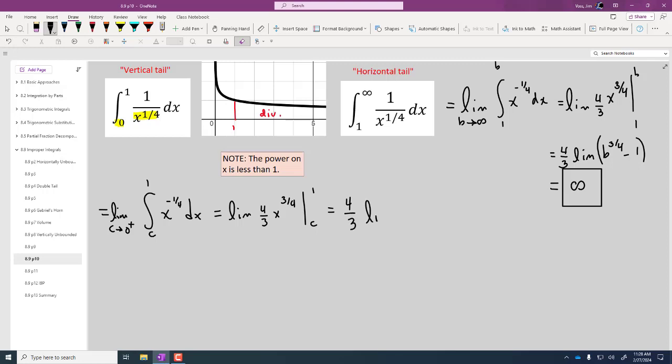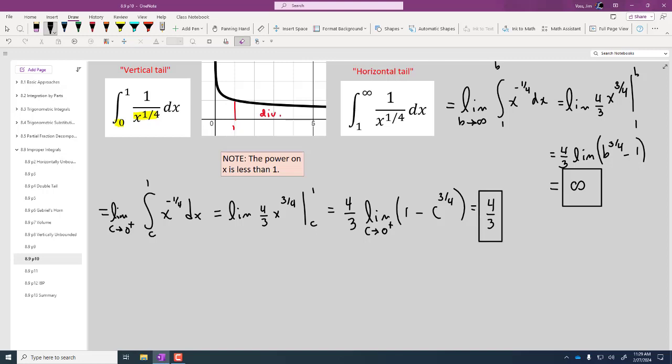So factor out the 4/3, and we've got the limit of 1 to the 3/4, which is just 1, minus c to the 3/4, as c goes to 0 from the right. What is the limit of c to the 3/4 as c goes to 0? 0. 1 minus 0 is 1. 1 times 4/3 is 4/3.